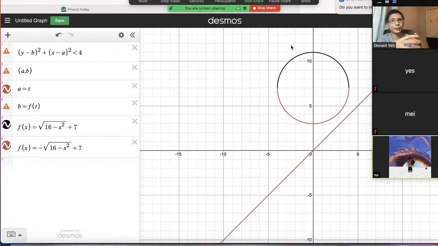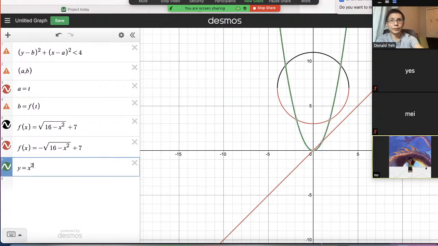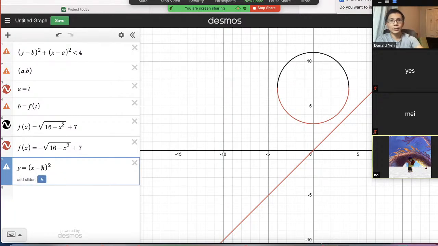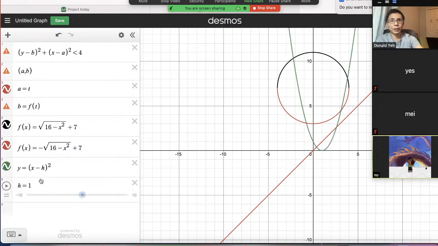Now you know how to graph radical graphs. You know how to graph square root graphs. All these functions can be transformed. So for example, if you have y equal to x squared, and you want to move it to certain places, you just take x to x minus h, and put a parenthesis here, and then you can move the parabola depending on where you're going.